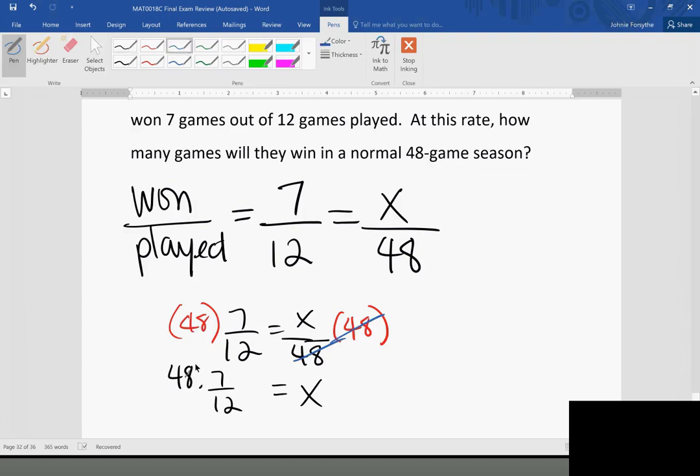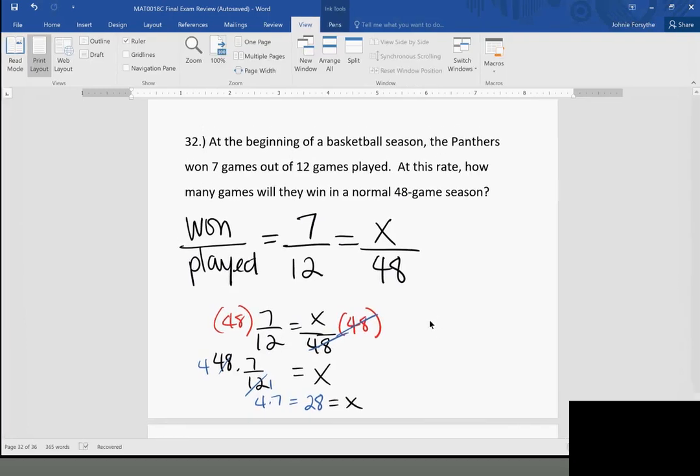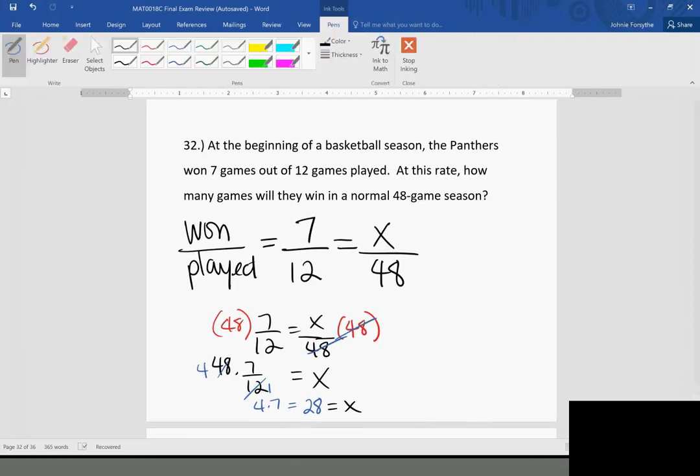So 12 goes into 48 4 times, and 12 goes into 12 1 time. So that will actually just be 4 times 7, which is 28, equals x. Okay? So it would be 28 games.